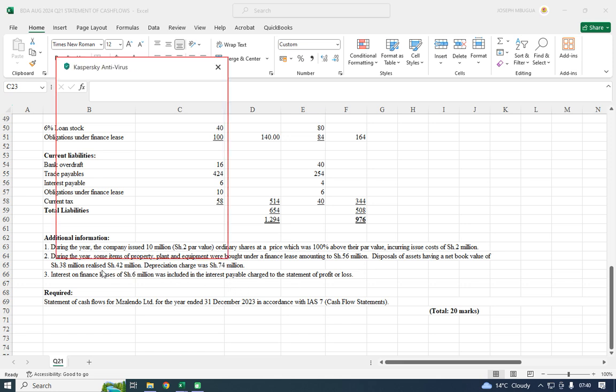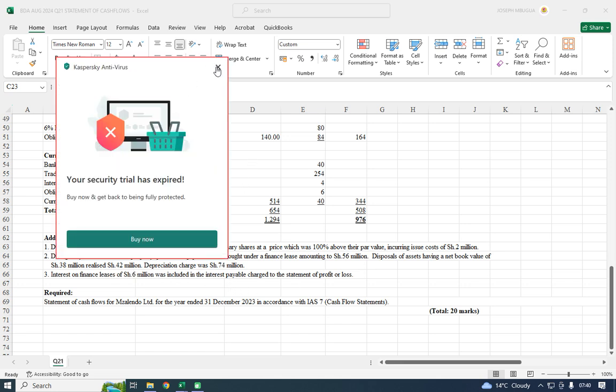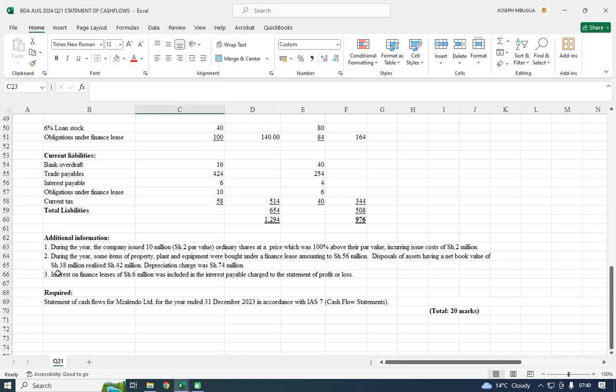Disposed assets having a net book value of 38 million, realized 42 million. Depreciation charge was 74 million. Interest on finance lease of 6 million was included in the interest payable charged to the statement of profit or loss. So you are required to prepare the statement of cash flow for Mzalendo Limited for the year ended 31st December 2023 in accordance with IAS number 7, cash flow statement.